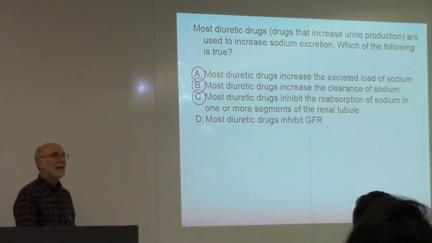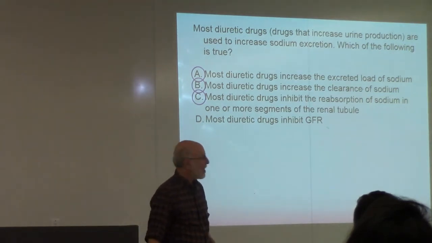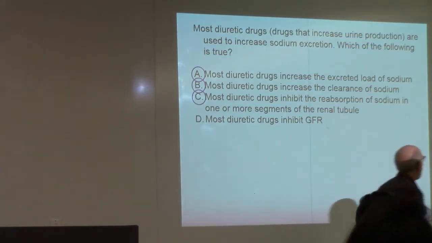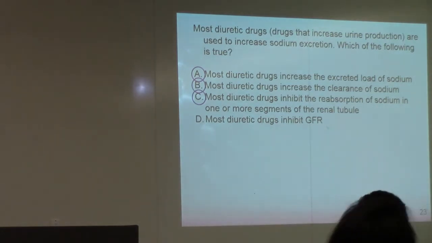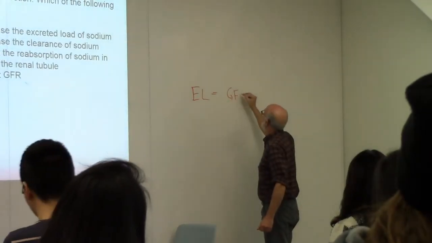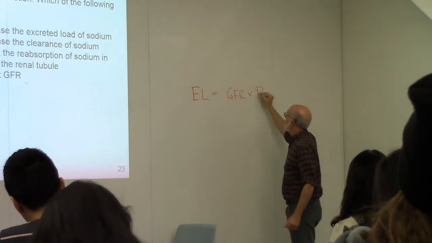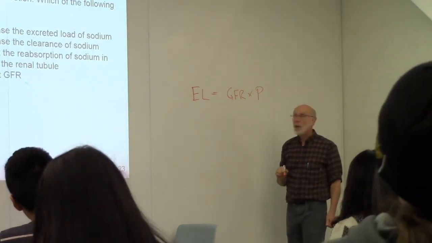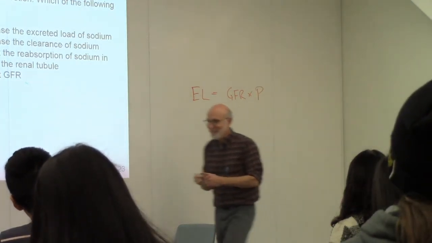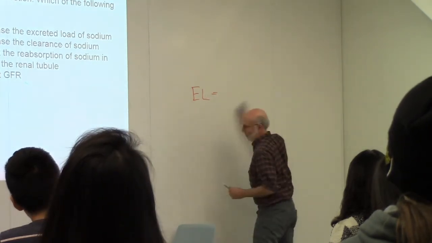Mathematically, just like conceptually. I'm not sure I can, I think I have to use arithmetic. Okay. The excreted load is equal to the GFR times the plasma concentration. No, I'm sorry, that's the filter load. Start again.